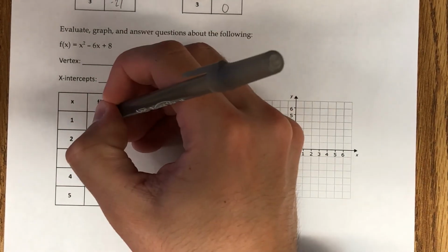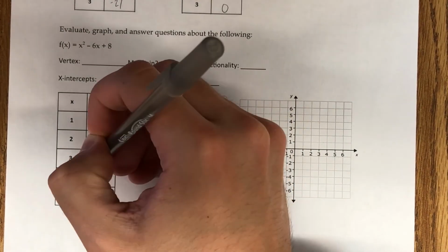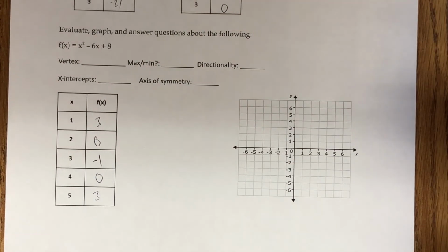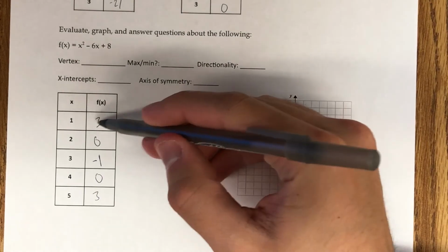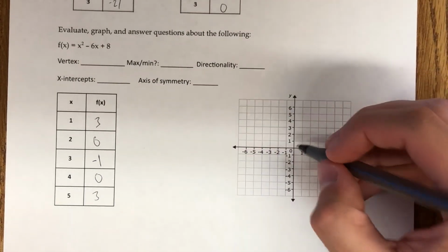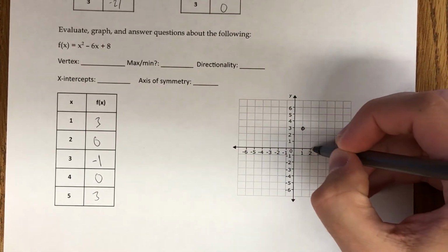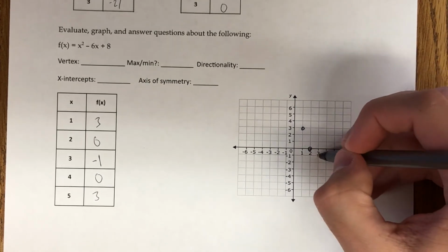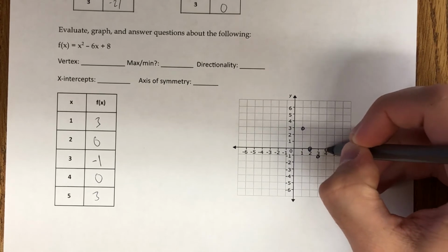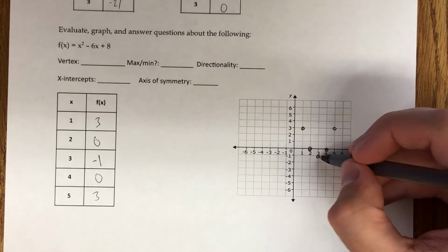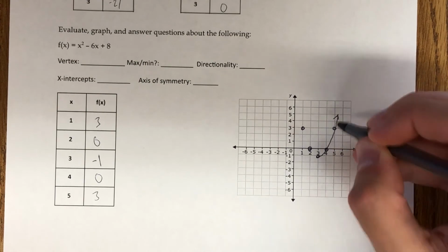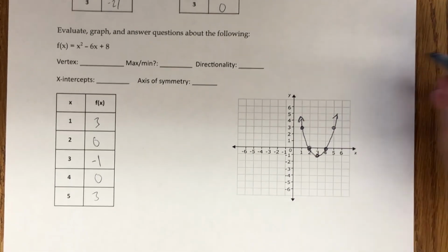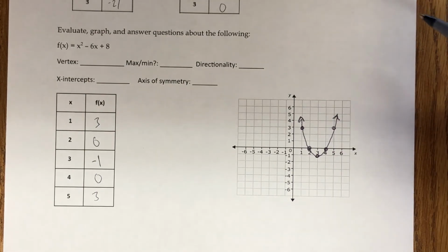So when we plug in 1, we should get 3, 2, 0, 3, -1, 4, 0, and 5, 3. So what we can do now is we can graph these points. So we have a point at 1, 3, at 2, 0, at 3, -1, at 4, 0, and at 5, 3. And that looks a lot like a parabola to me. So there we have our parabola, and now we can determine these characteristics.